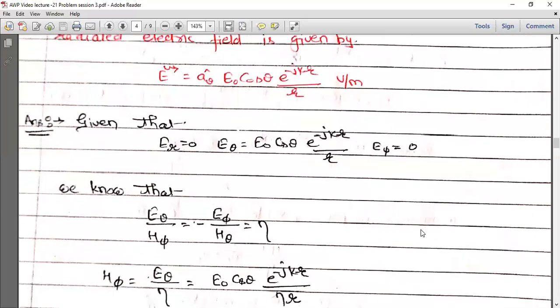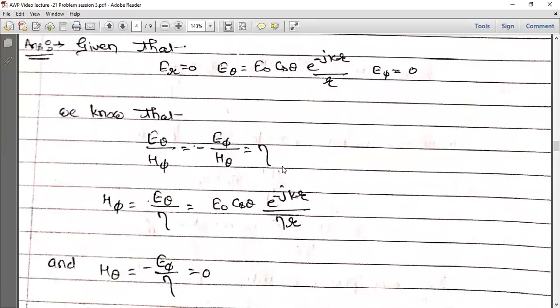Using that expression E theta by H phi equals eta, we get H phi is equal to E theta by eta, and correspondingly we place this expression and get E0 cos theta e to the power minus j k r upon eta r. This completely is the expression for the phi component of magnetic field intensity.